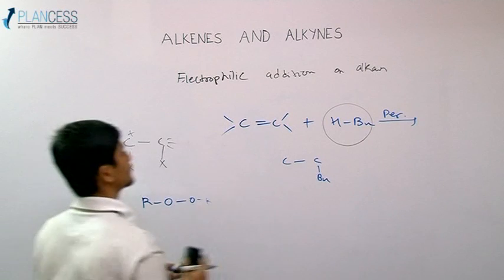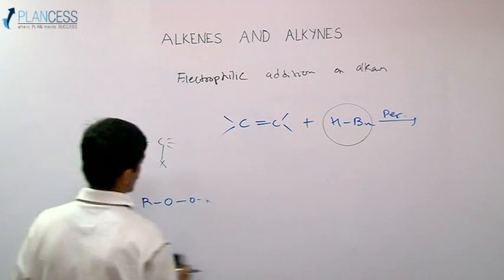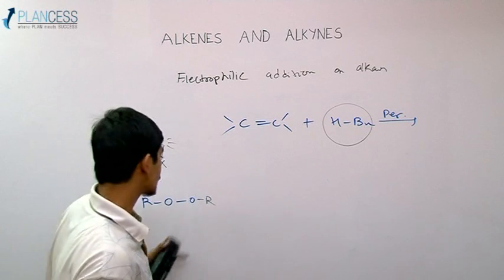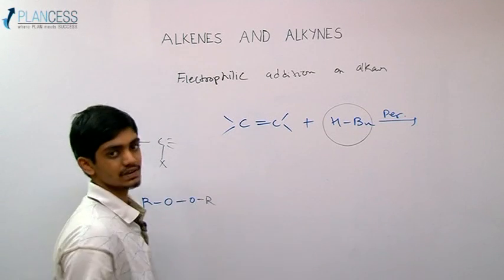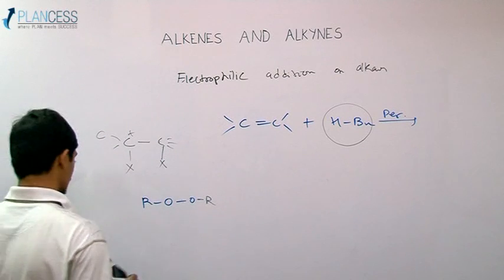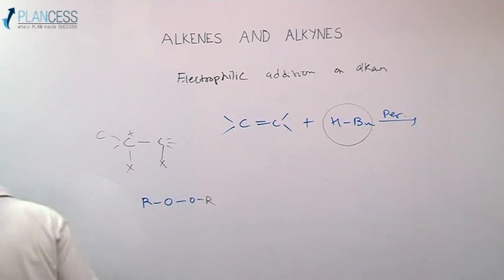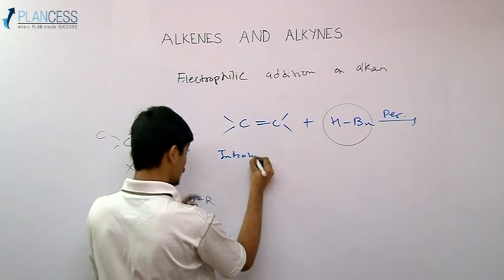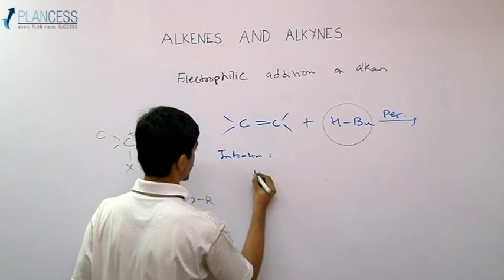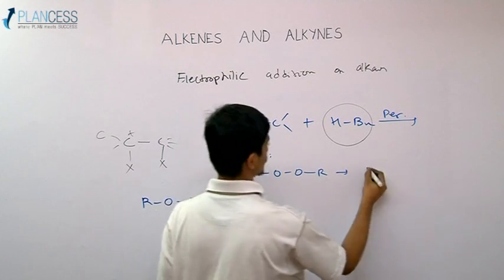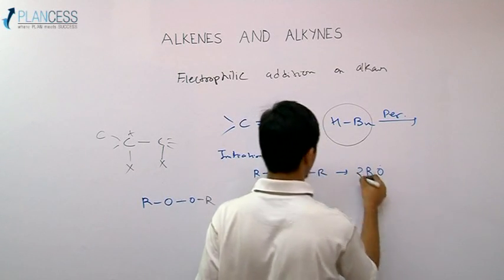How do we get this product? We see the mechanism for this. Now this compound plays a very important role, which is a peroxide, because it contains a peroxy linkage or a single bond between oxygen and oxygen. So again, just as in free radical reactions, we have initiation steps. Initiation, what happens is this ROOR converts into RO free radicals.